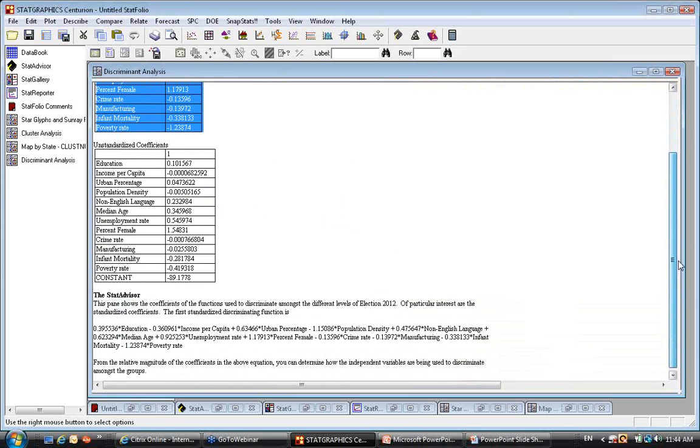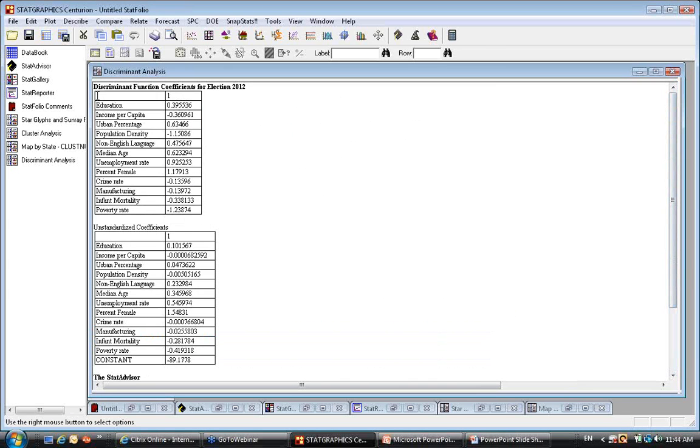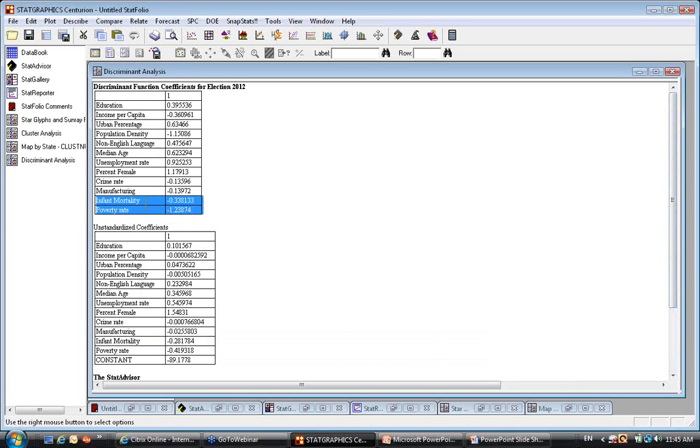If I scroll down to the Stat Advisor, I can also see in the Stat Advisor it's actually written out the equation of that discriminant function. Now, what's interesting here, I think, is to look at the coefficients of the discriminant function. The magnitude of the coefficient basically is related to how important that coefficient is in the discriminant function. The largest coefficient actually corresponds to poverty rate.